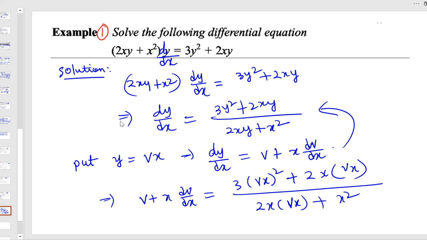If you simplify it, you will get 3v square plus 2v by 2v plus 1. So we have v plus x dv dx equals 3v square plus 2v by 2v plus 1.